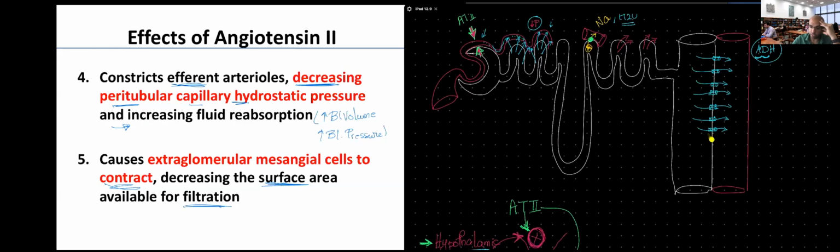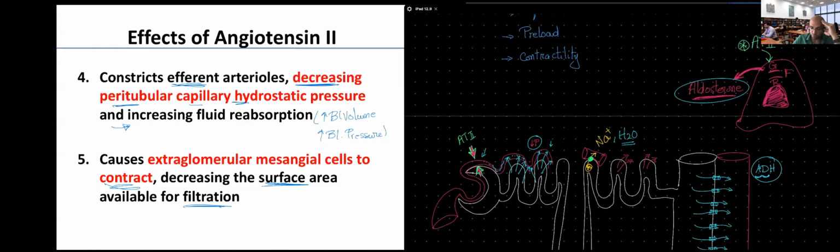Antidiuretic hormone acts by retaining water from the collecting ducts by inserting aquaporin channels in the tubular cells, which allows you to retain water, increasing the blood volume and so the blood pressure.